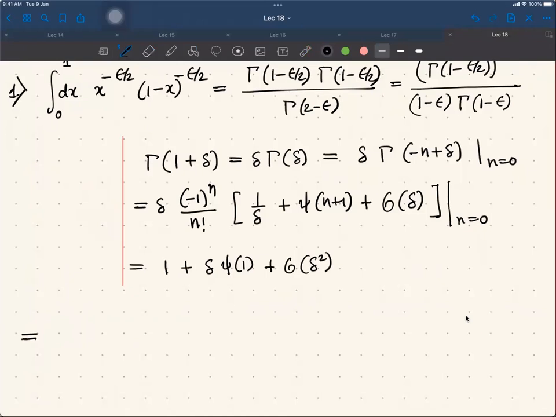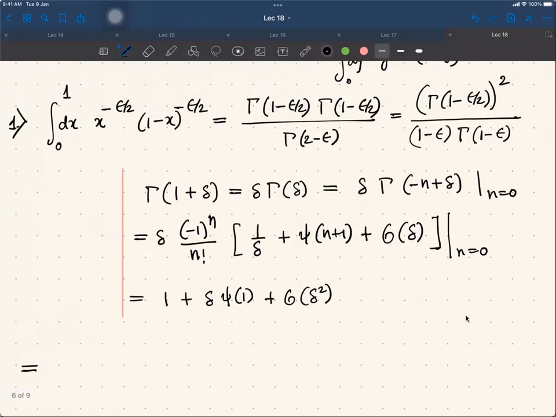Now gamma 1 minus epsilon by 2, whole square, I use this formula here. Delta is minus epsilon by 2.